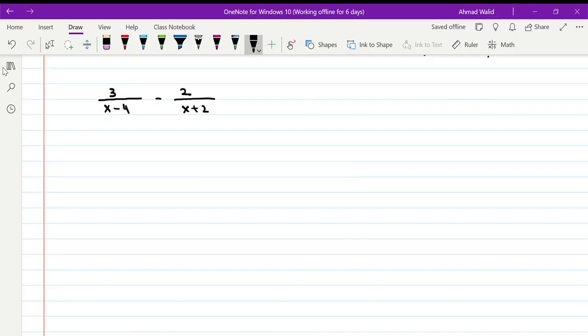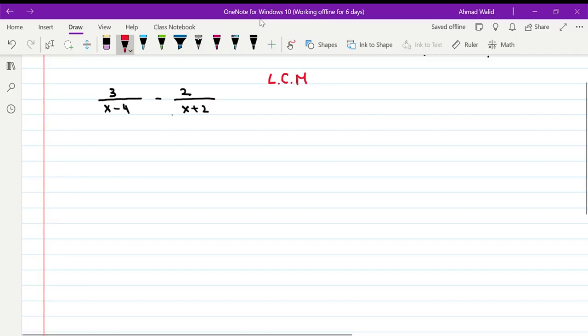You learned it in intermediate algebra, and it's easy to add them also. We covered this topic also in college algebra, correct? To add these two fractions, they have different denominators. You have to first find the LCM or LCD, the least common denominator or the least common multiple between denominators, correct?